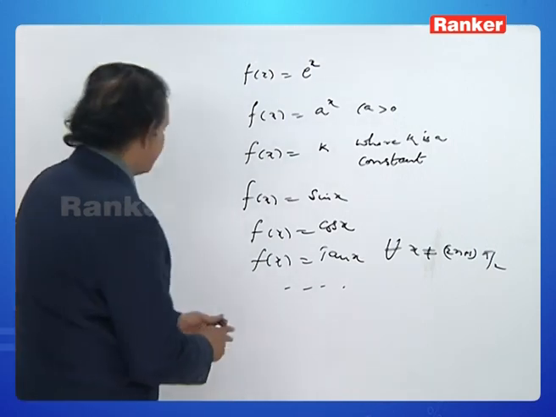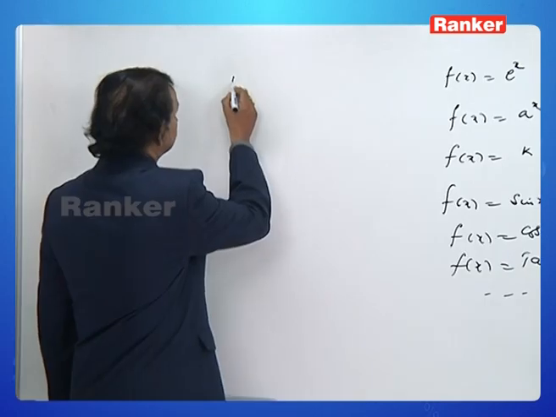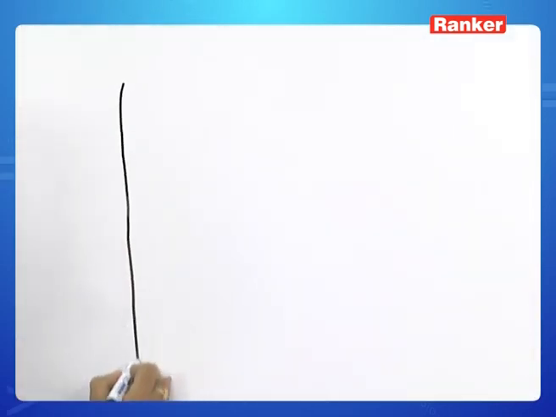Let us observe the nature of tan x, say at pi by 2. What happens?